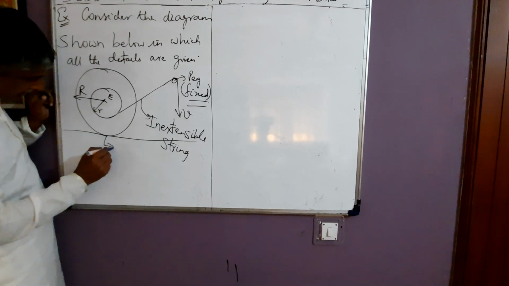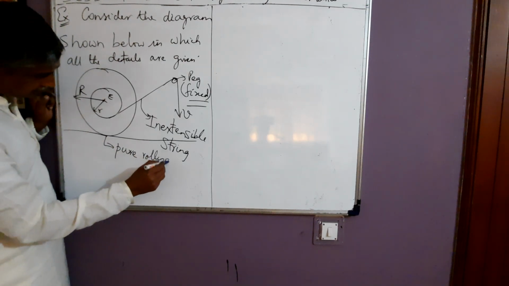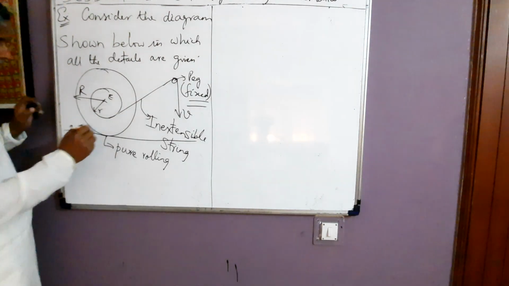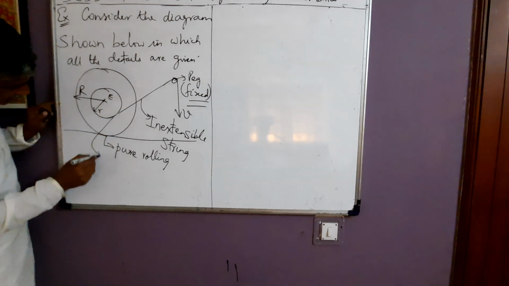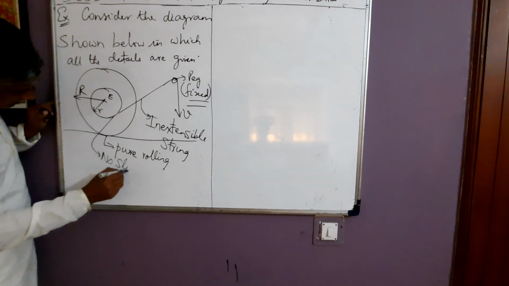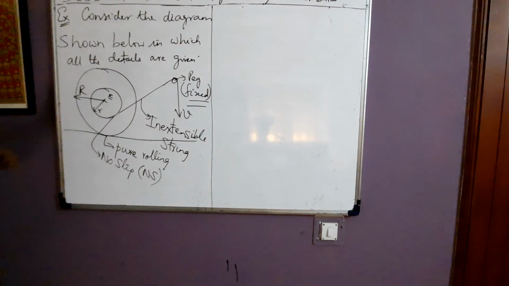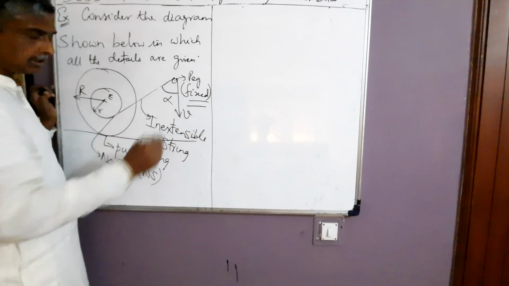And here pure rolling takes place. And here between the string and the inner cylinder there is no slip, which you write in short as no slip. Okay. And this vertical segment of this string makes an angle of alpha with the vertical.